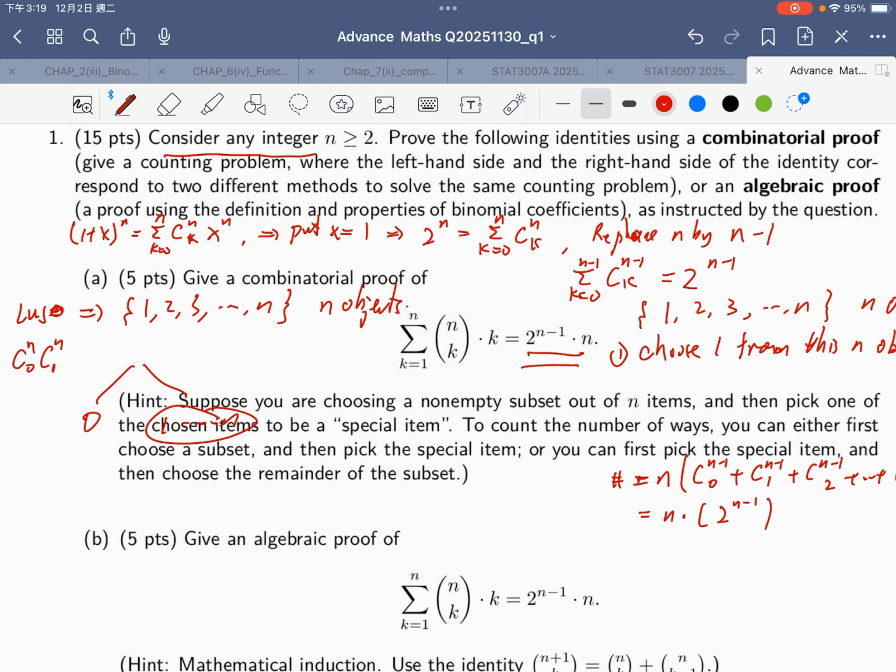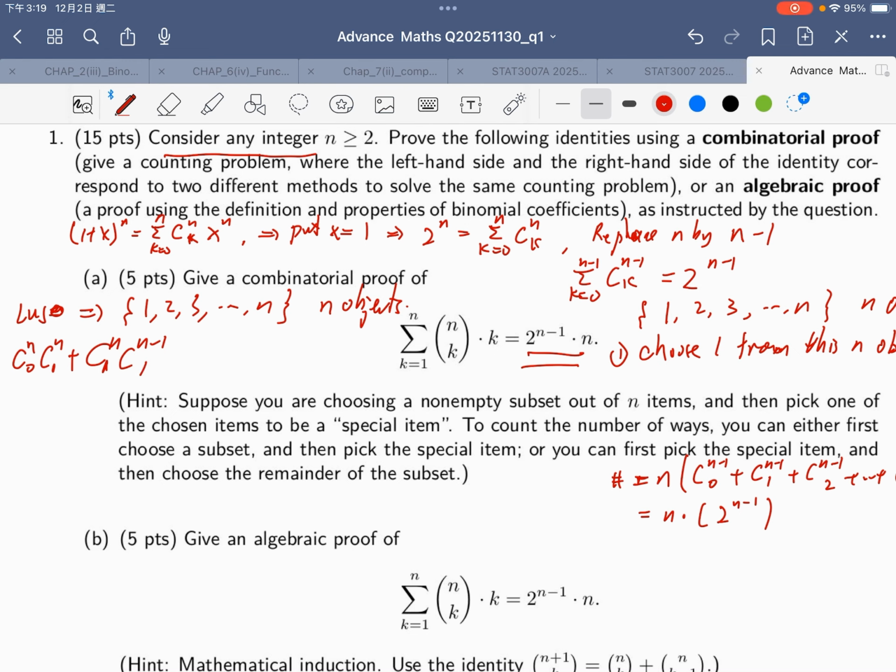Then from the other part I choose 1 object. This is the first choosing method. And next I choose one object from n, that is nC1, and from the other n minus 1 objects I choose 1 object too.